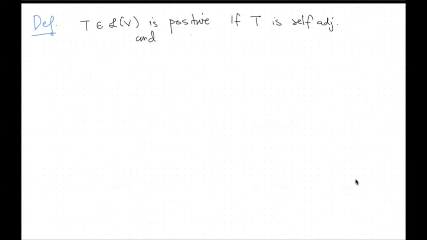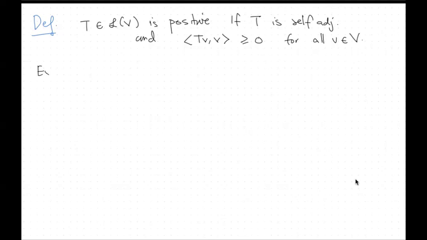So an operator T in our vector space V is positive if T is self-adjoint and also the inner product of Tv and v is greater than or equal to 0 for all vectors v in the inner product space V.